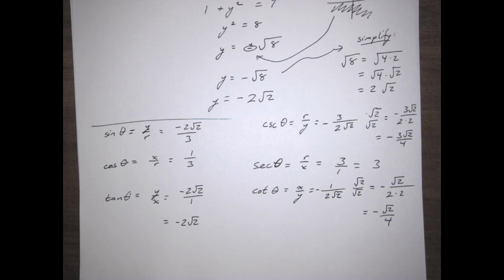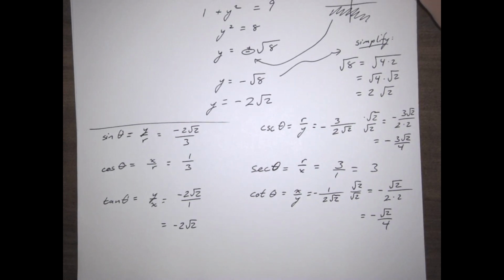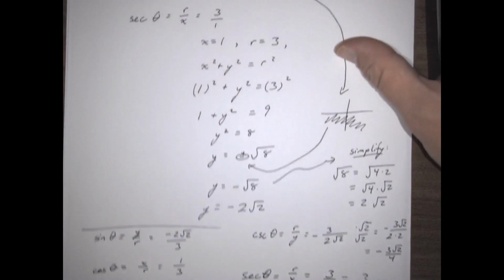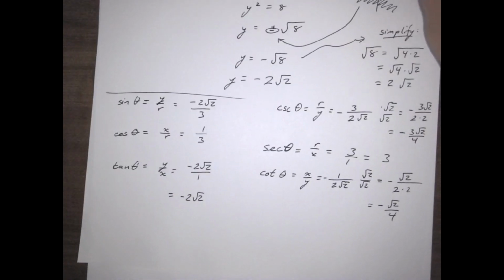So this is how you do it with a function such as secant. You just turn it once again back into its definition involving r and x and y, and then you can find all the missing pieces that way.